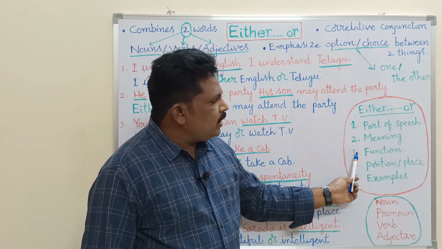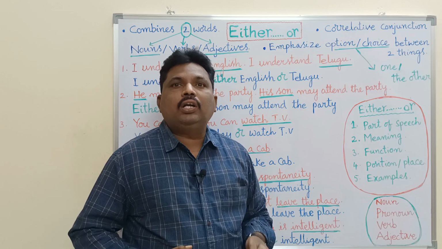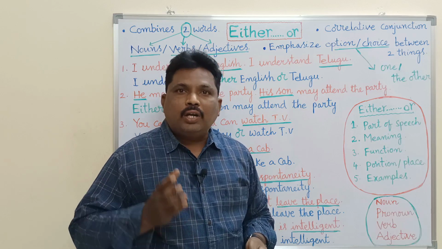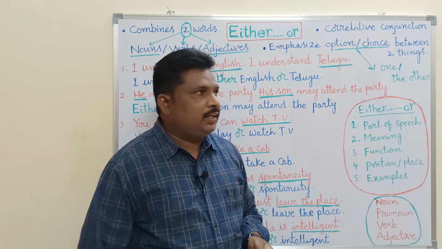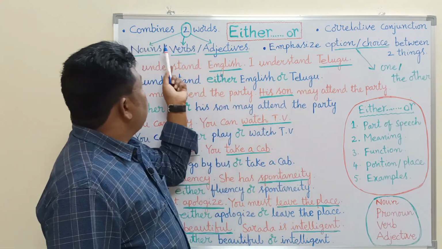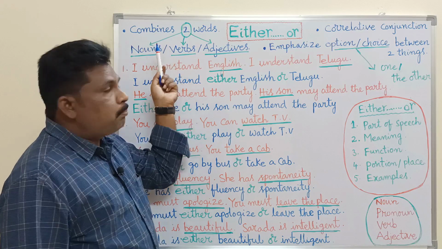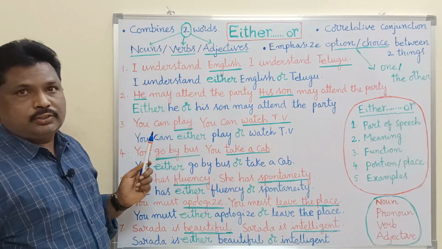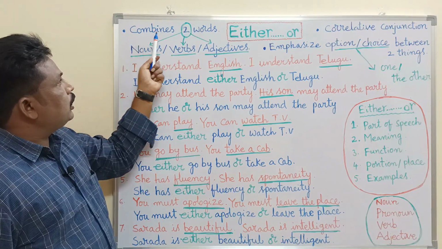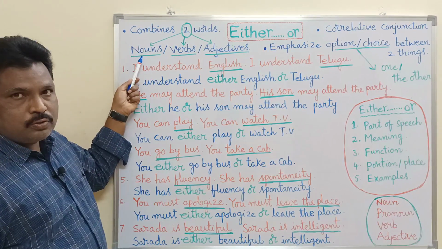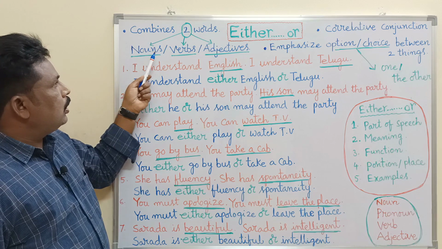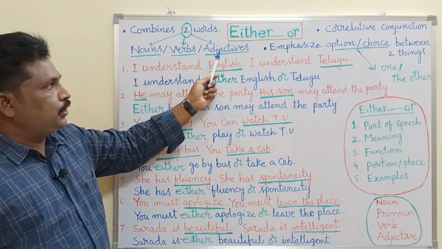Next, what is the function, or the role, or the importance of this correlative conjunction in a sentence? Look at this. Its function is that it combines two words. This correlative conjunction combines two words. These two words may be nouns or pronouns or verbs or adjectives.